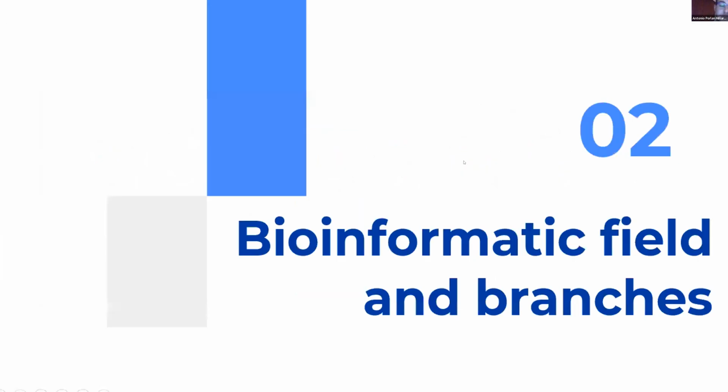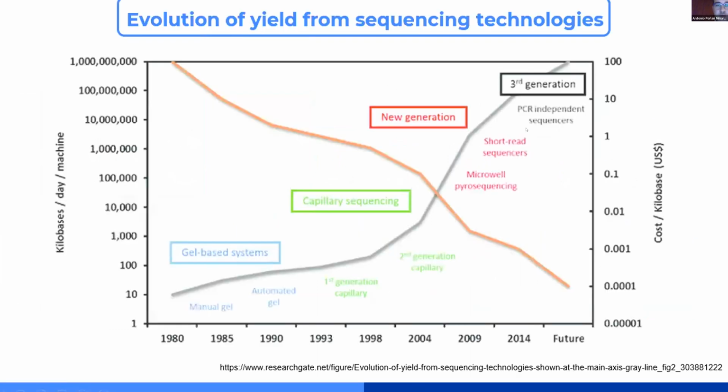So let's move on to the bioinformatics field. Let's start with the sequencing technologies. Over the years, in 1980, the kilobases of nucleotides that could be sequenced per day by machine were really low.